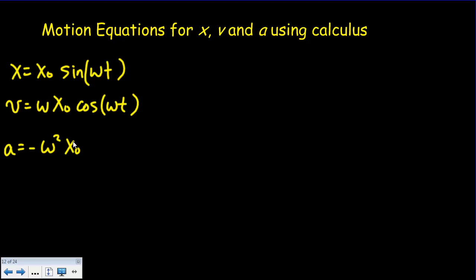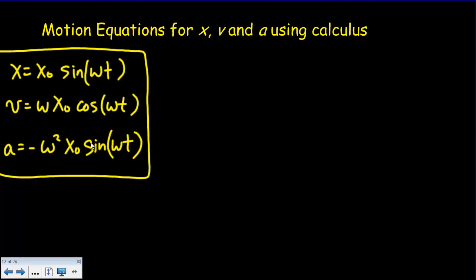Okay, so just summarizing those three equations, we had x equals x naught sine omega t. Okay. So there's the three equations that we just determined.